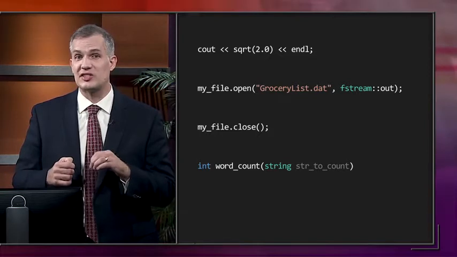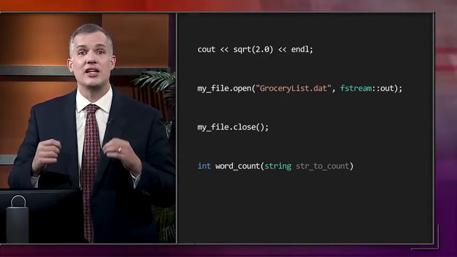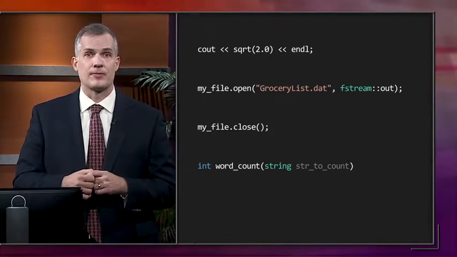Each of the parameters is defined the same way that an individual parameter would be. Let's say that we want to write a function that counts how many times a particular word appears inside a longer string. In this case, we'd want two parameters. One for the particular string that we're searching for, and the other for the longer string that we're searching in.